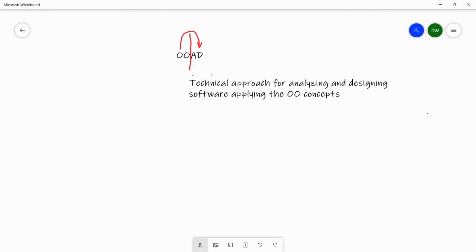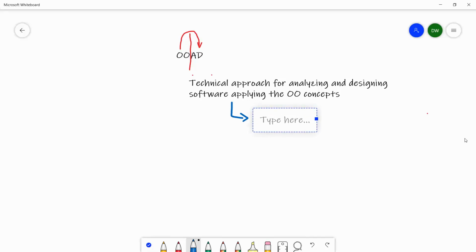So when it comes to object-oriented analysis and design, we think of certain things. First one is object-oriented analysis. And the other is object-oriented design.